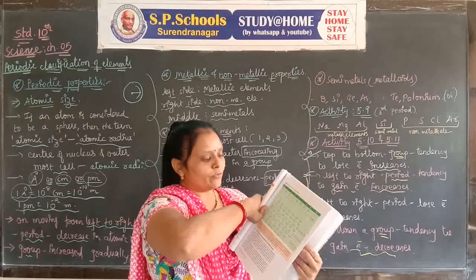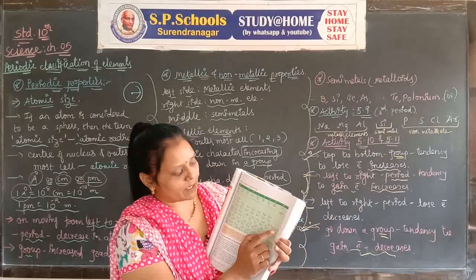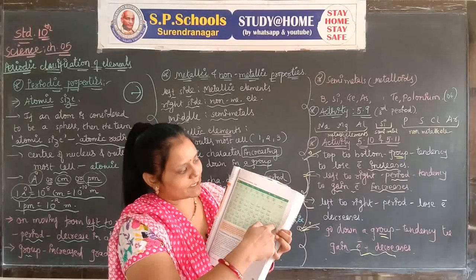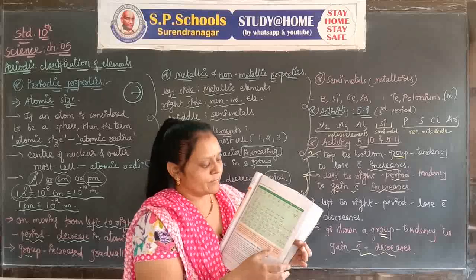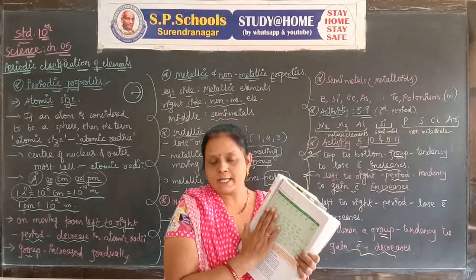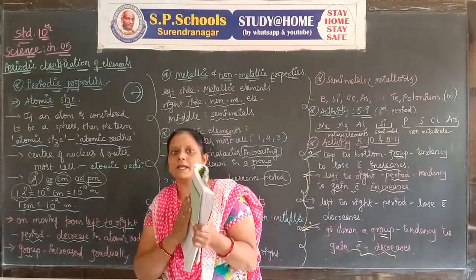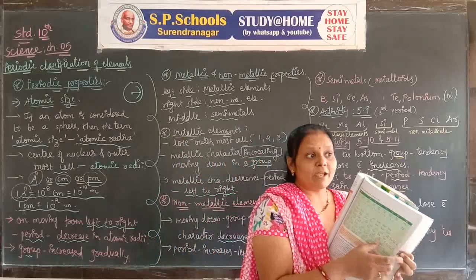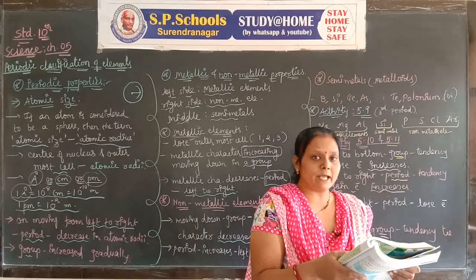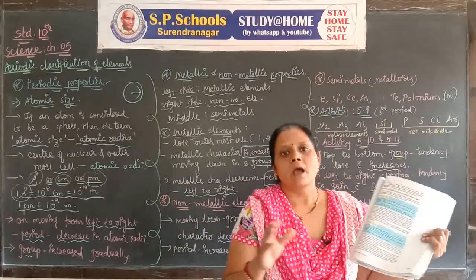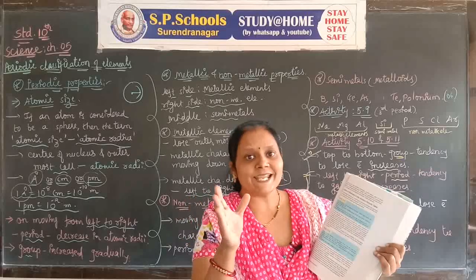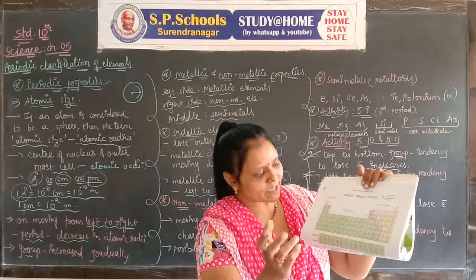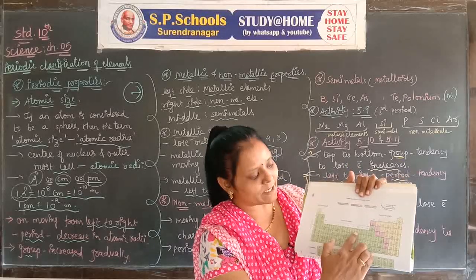In the modern periodic table, cobalt and nickel were combined together in group 8, because the arrangement was by increasing atomic mass. But in the modern periodic table, Henry Moseley arranged all the elements by increasing atomic number, so the right arrangement can be seen for cobalt and nickel.